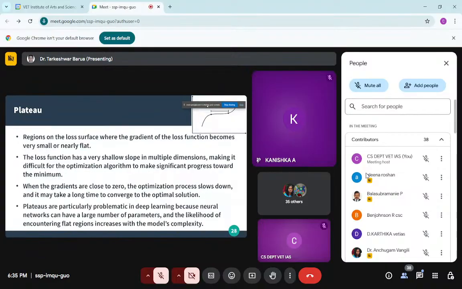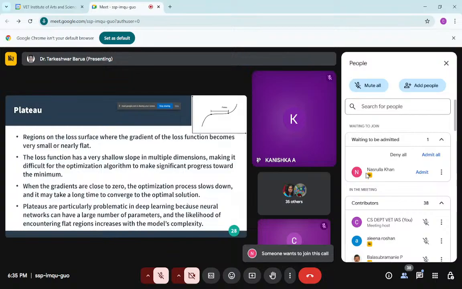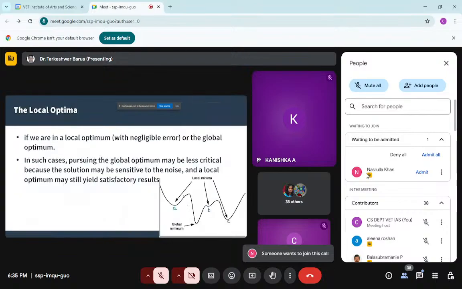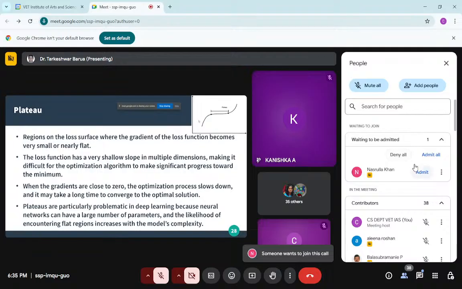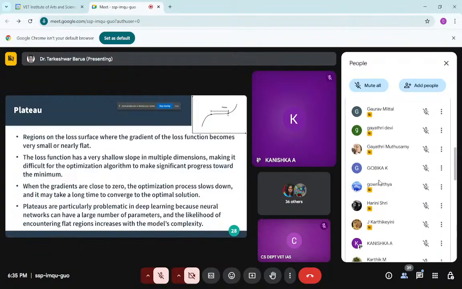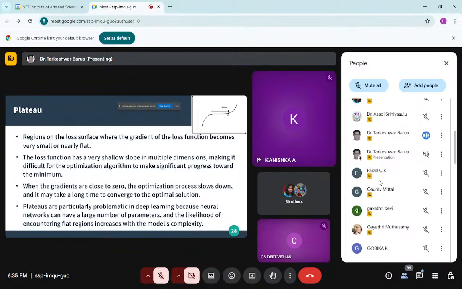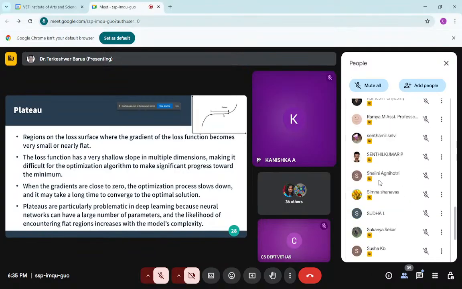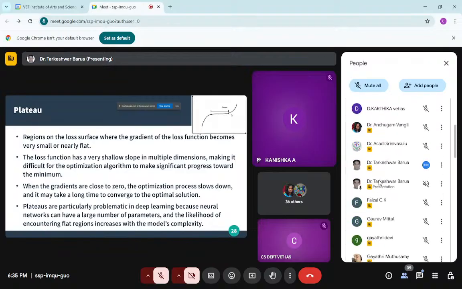Let's dive a little deeper into the same graph. This point is known as a plateau. A plateau is a region on the loss surface where the gradient of the loss function becomes very small and nearly flat. You can see it's nearly flat, so there is no difference here.